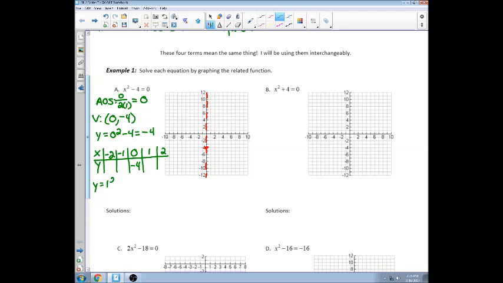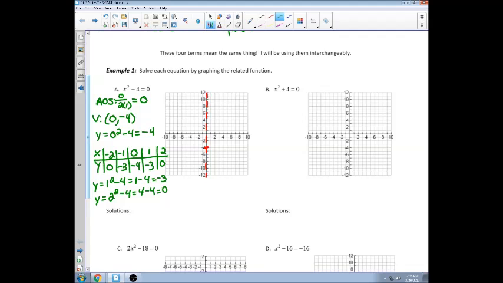So I'd take 1 squared minus 4, which would get me 1 minus 4, which is -3. Remember, since they're symmetrical, -1 would also be -3. And then I have y equals 2 squared minus 4. If I put 2 in for x, that would be 4 minus 4. So my y would be 0.